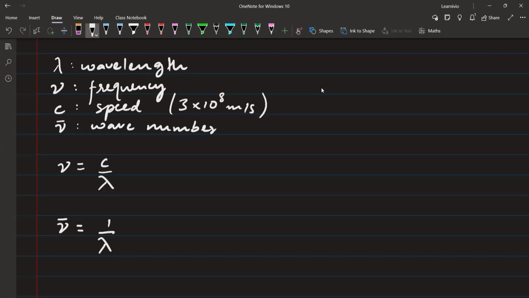So frequency will be equal to C into 1 upon lambda, because it is C by lambda, and 1 upon lambda is the wave number. So we can write it is equal to C into wave number. E will be equal to h nu, that is frequency, an extension you can write down. And we are going to do numericals based on these particular relationships.